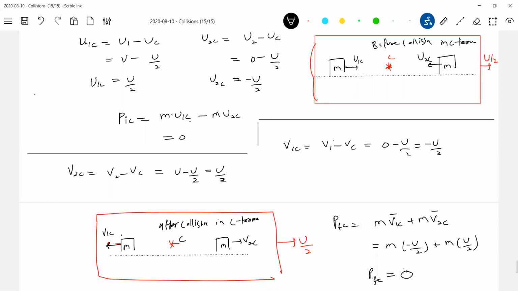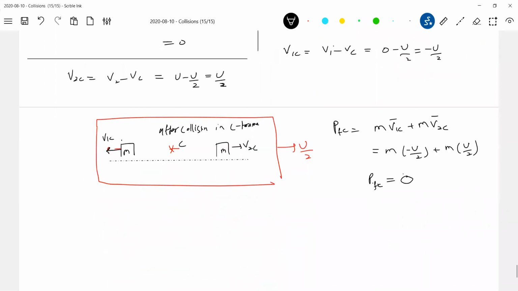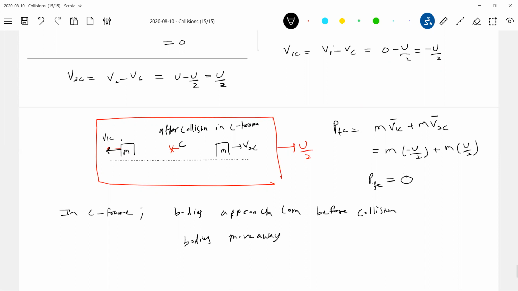So momentum with respect to center of mass is always zero. So in C frame, what actually happens? Bodies approach center of mass before collision. Next, bodies move away from center of mass.